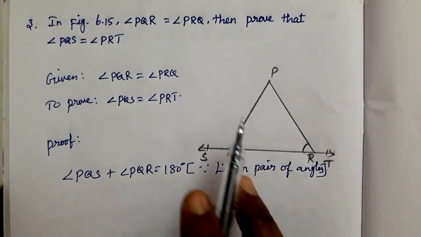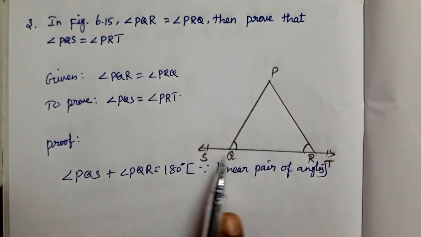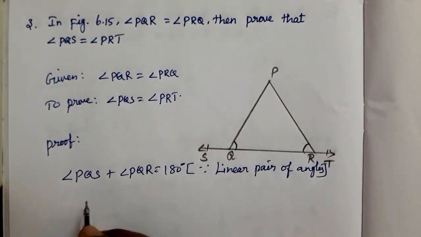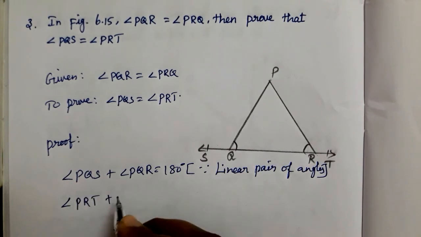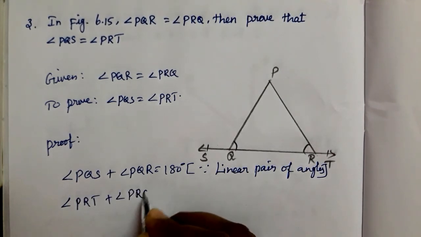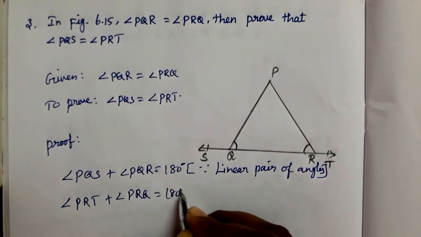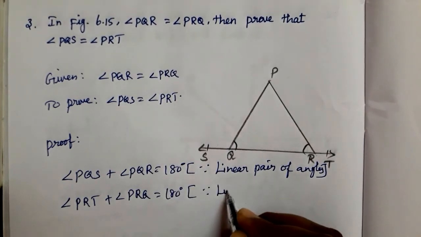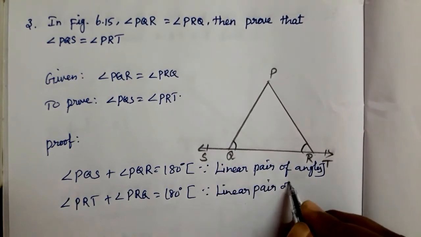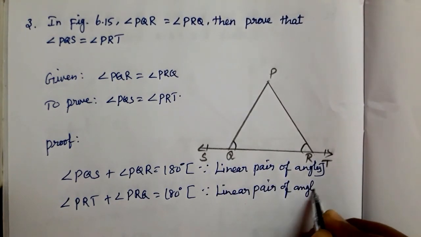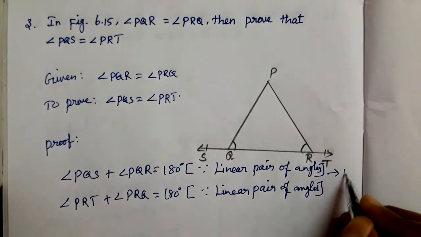And here ray PR standing on the line QT. So angle PRT plus angle PRQ equal to 180 degree because linear pair of angles. This is considered equation 1.